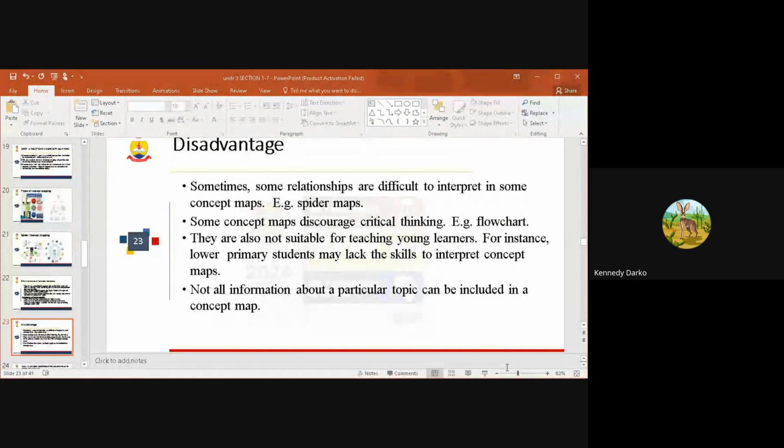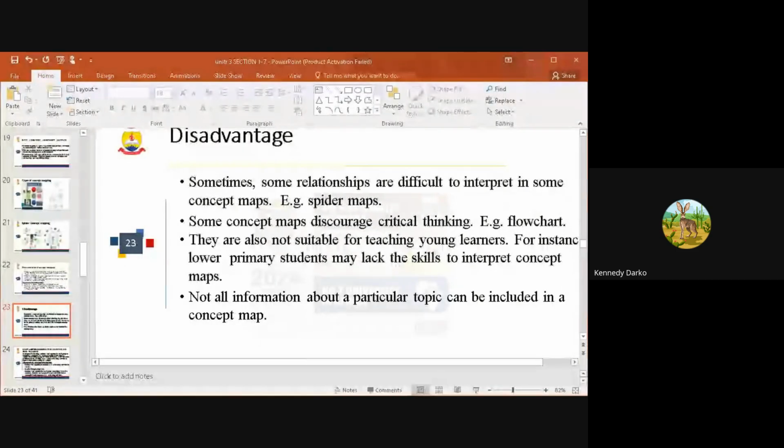Disadvantages. Sometimes some relationships are difficult to interpret in some concept maps. Example, spider maps. When you take the spider map, how would you explain this concept to the children? Look at the way the spider web is. Where are you starting from and where are you going to end?